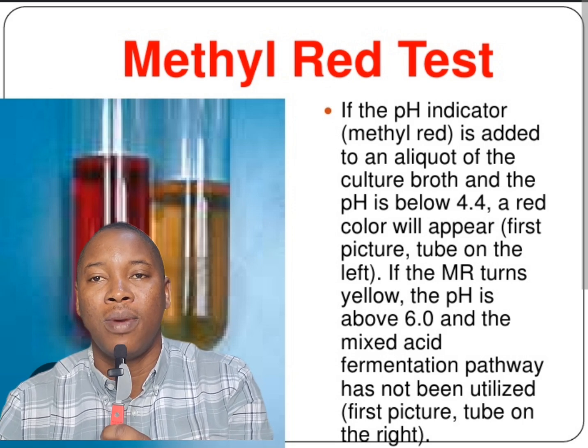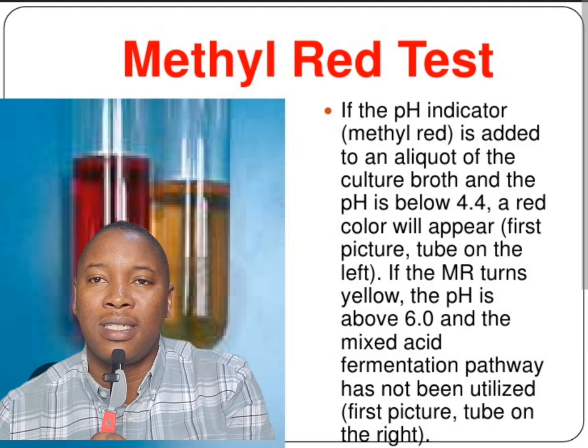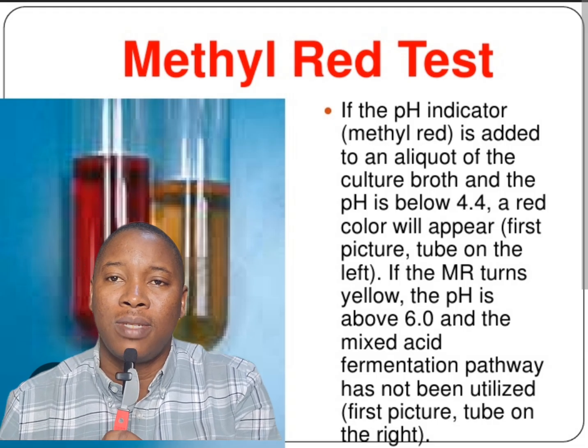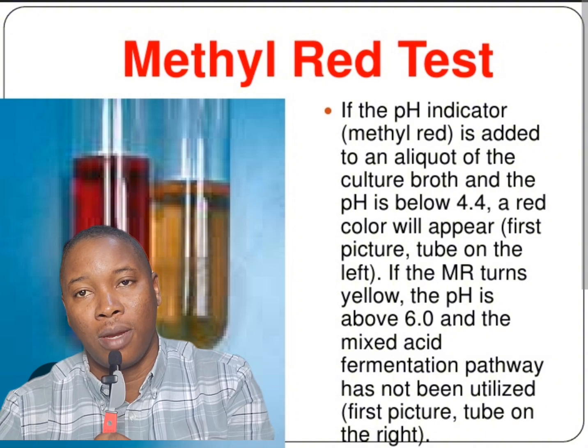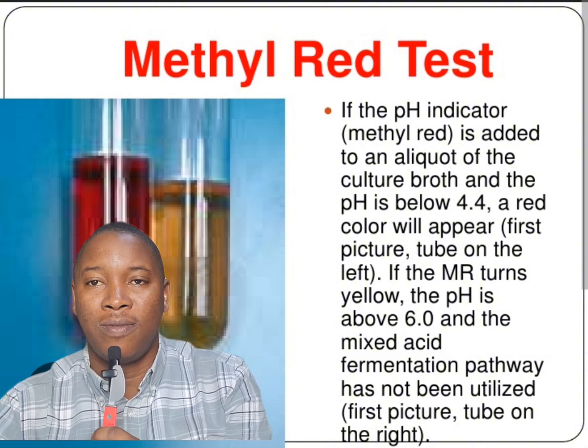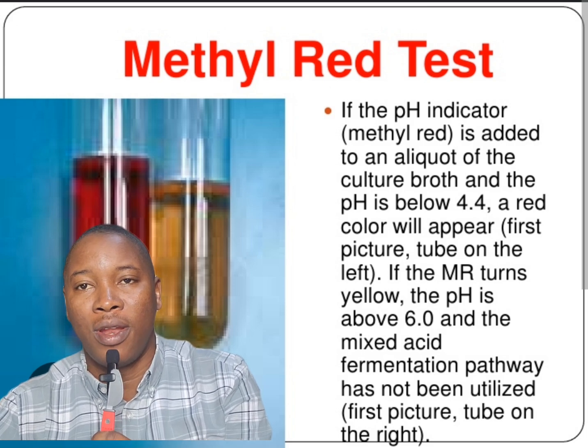That means the medium remains relatively stable with no change in color. These are the basics of the methyl red test, and it's an important part. Most times it is done in association with the VP test, but we'll talk about the VP test in our next video. For this video, we are zeroing in just on the methyl red test.